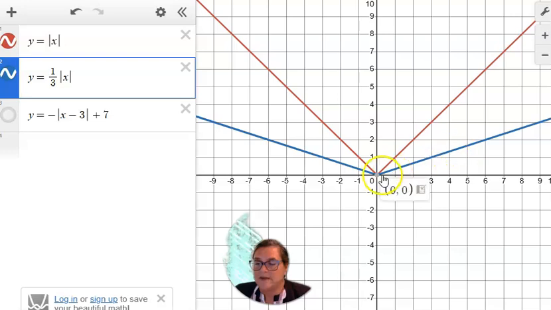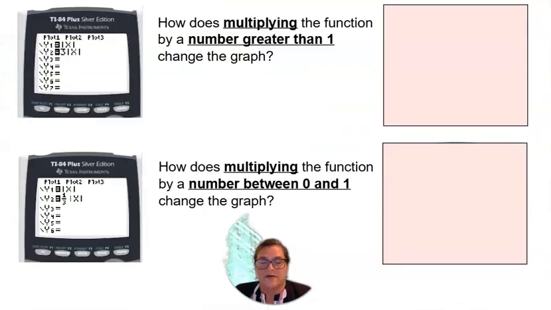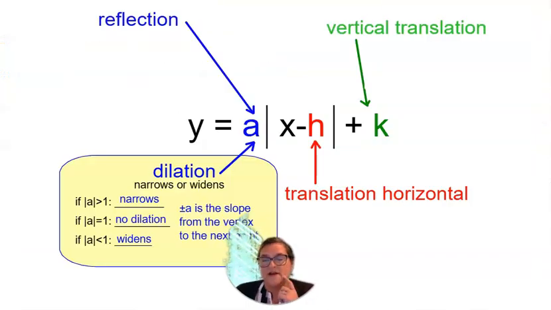The wider V shape is going to be called a vertical shrink because we're shrinking the distance toward the x-axis. So that is a dilation, a narrowing or widening, and it's affected by the absolute value of the A, the number multiplied out front of the function.